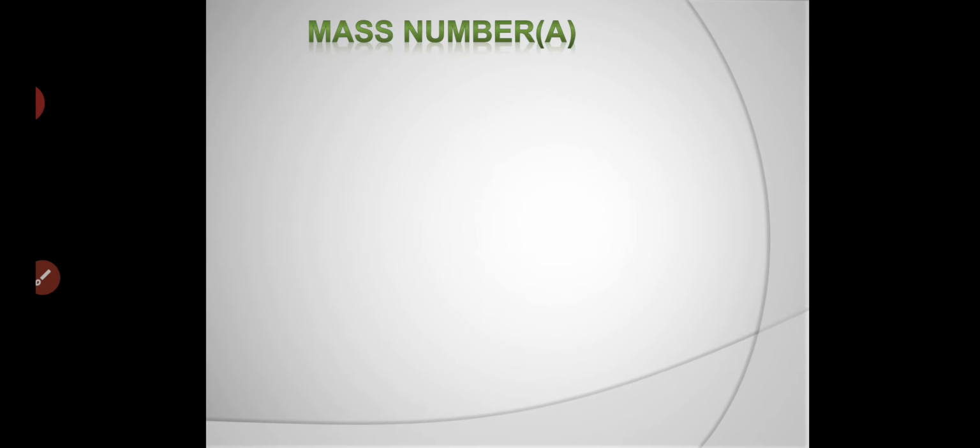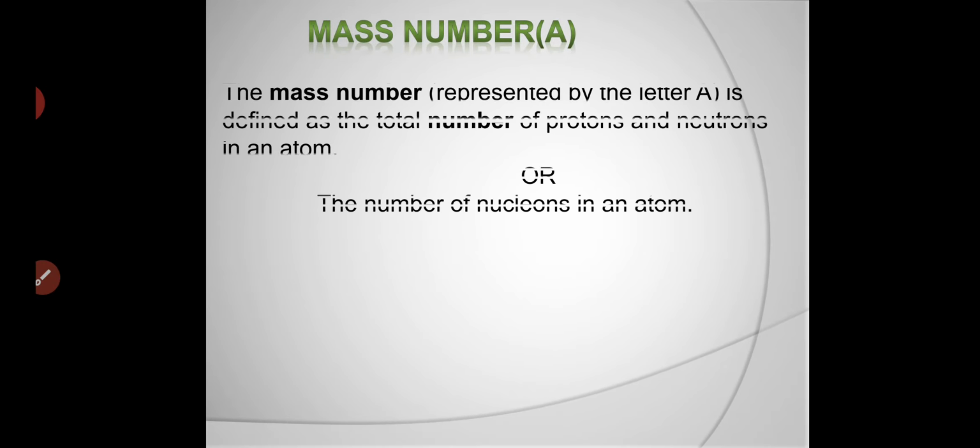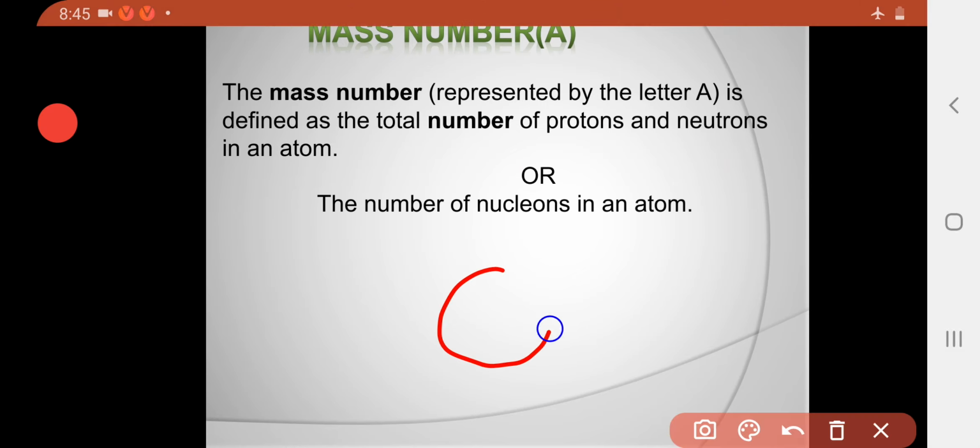Next, we are going to study mass number. What is mass number? The mass number is defined as the total number of protons and neutrons in an atom. We already know that at the center there is a nucleus, and it contains protons as well as neutrons.